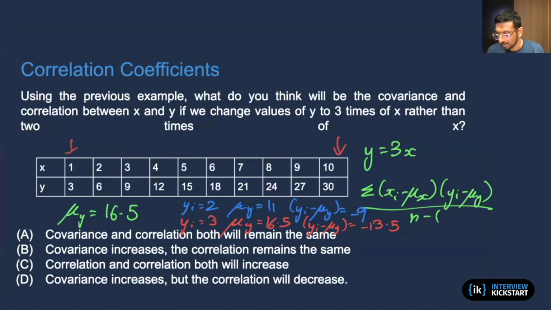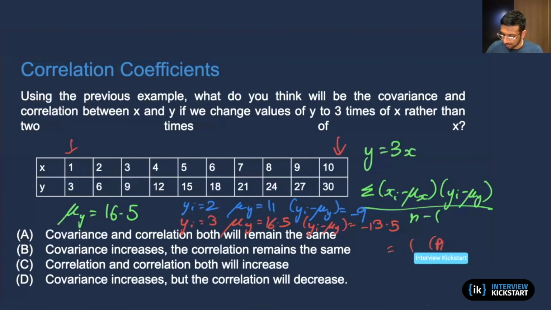And it turns out that if you were to go through this and do the math, you would find that the standard deviation of x and the standard deviation of y basically increase by enough to compensate for the increase in the covariance. So when you actually calculate the Pearson correlation coefficient, we would see that the standard deviations actually cancel out with the numerator, yielding a correlation coefficient equal to 1.